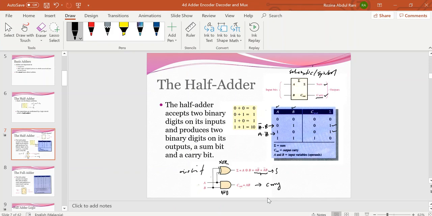So this is the Boolean function for the sum operation. Whereas for the carry, the Boolean function is AB.